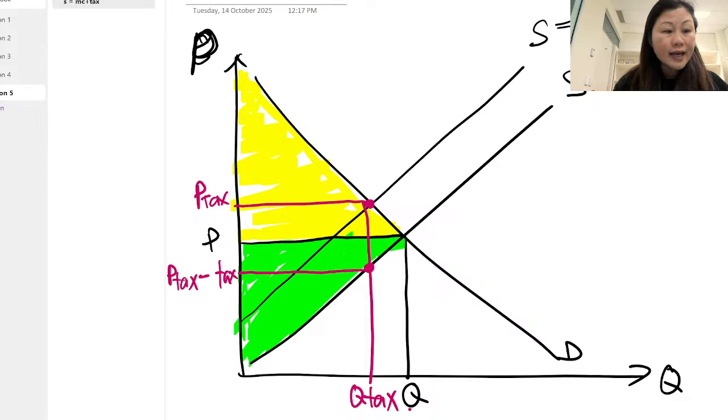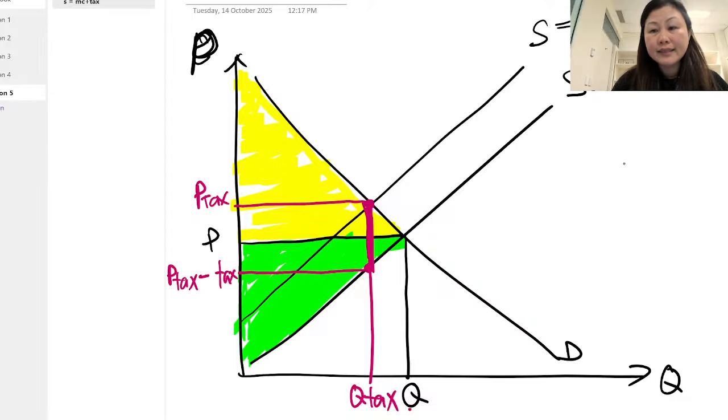Now we know that this here in this thickened line, that's your tax amount. Okay, so P tax is what consumers pay, but not what producers actually earn. Okay, so this is what consumers pay. P tax minus tax is the price that suppliers are really receiving.